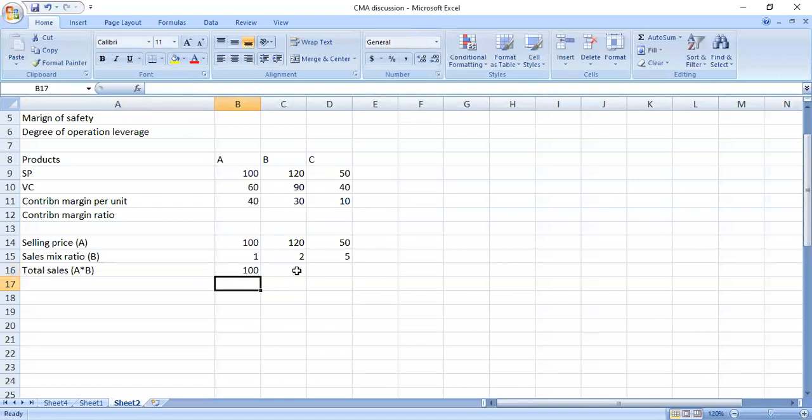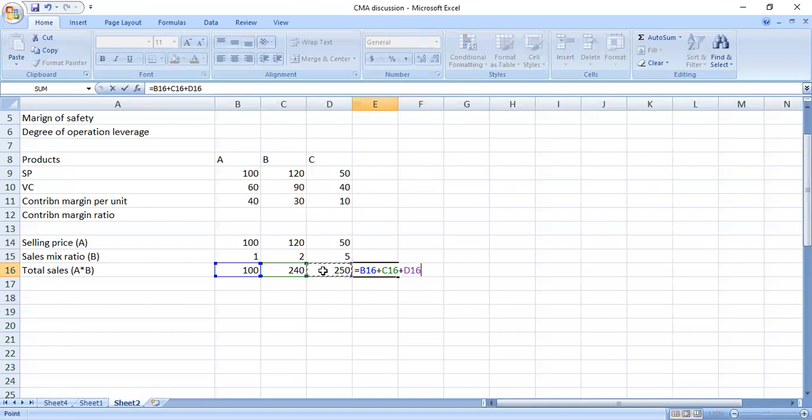I do the same for B. Then I'll do the same for product C. And then I get the total. The total is 590.